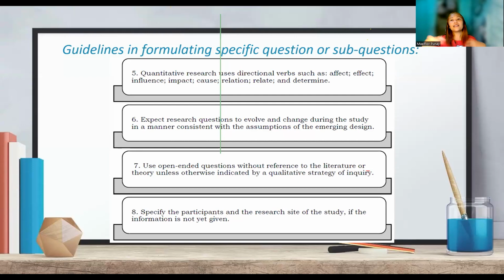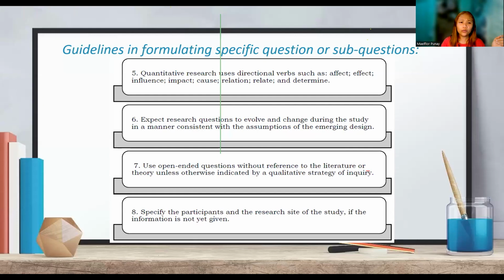It is very okay to change your research questions because it will define your questions, meaning as your research progresses they changed. So it's okay. You can change it, okay?